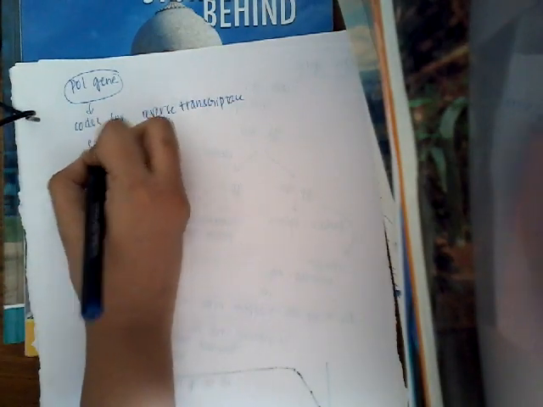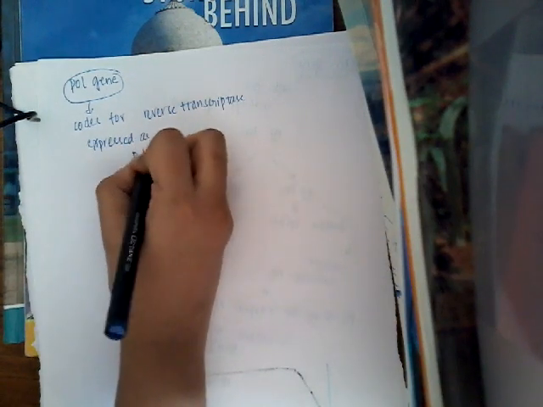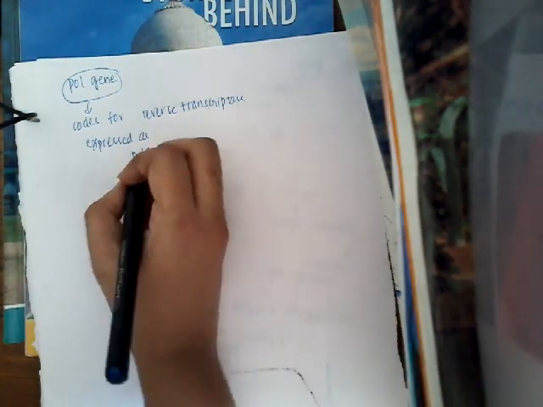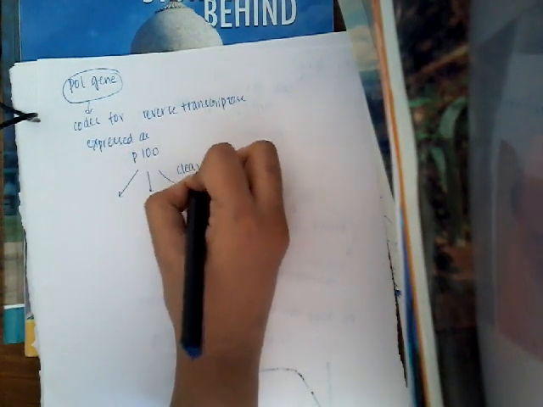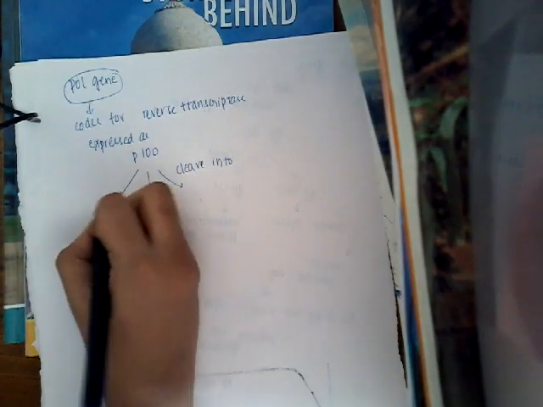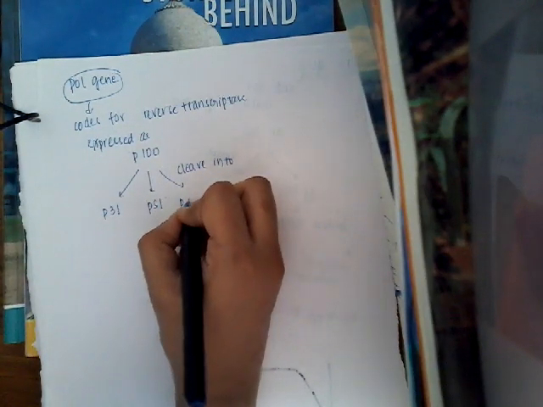It is expressed as a precursor protein, P100, which cleaves into 3 proteins: P31, P51 and P64. All these are required for reverse transcriptase production. Now these are the structural proteins.